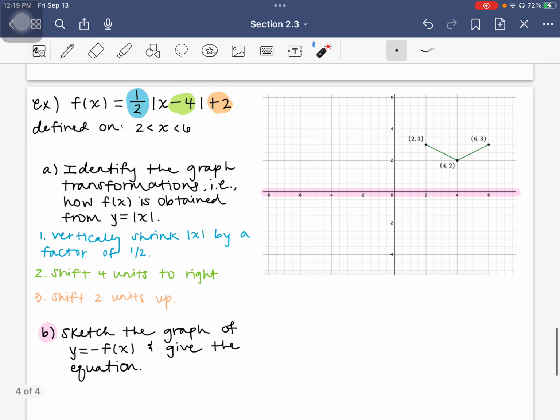Every single point on our original graph is going to exactly reflect across our x-axis here. You can think of this as just taking the negative of our original output value. We have a 2 for our x value, and our original output was 3. So when we reflect across the x-axis, we're still going to have our input as 2, but our output now is going to be -3.